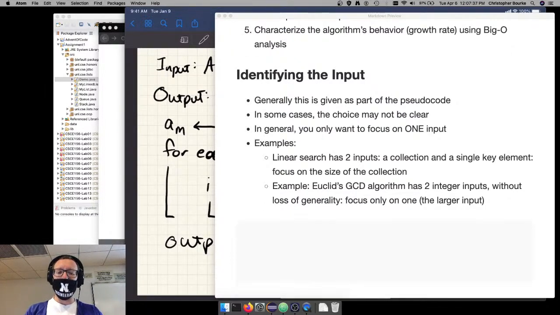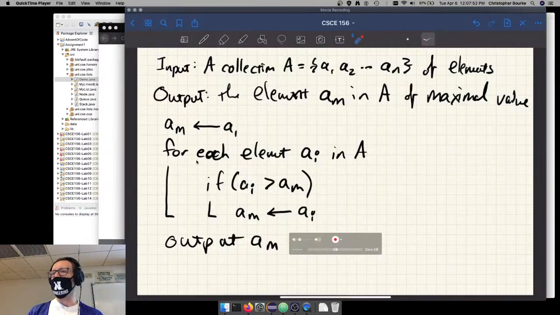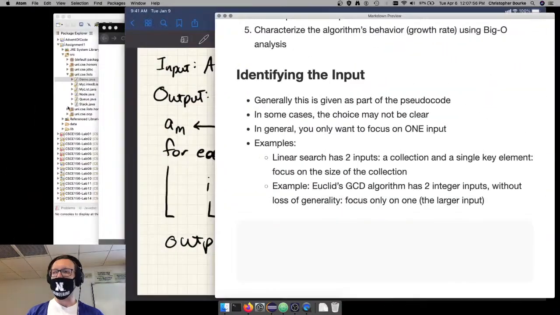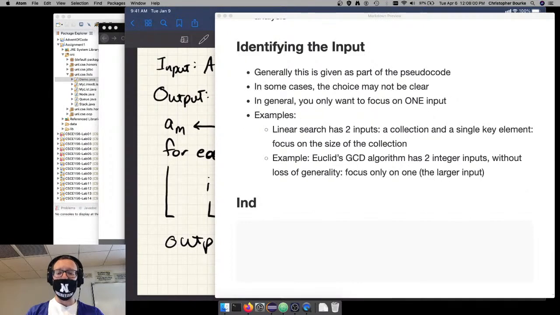Those are just 2 examples that I'm going to give you. Are there any others? No, otherwise it's just obvious. If you're going to sort a collection, here's the collection. That's my input, right? Whatever you say in the input up here, that's what your input is. So it's not that difficult for step 1, but it is important.